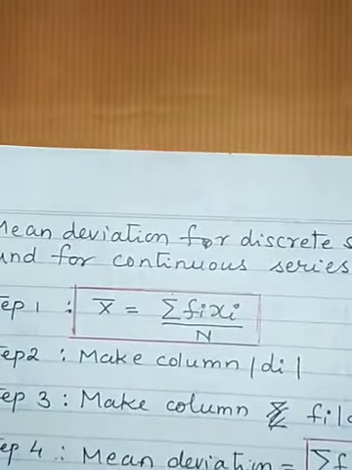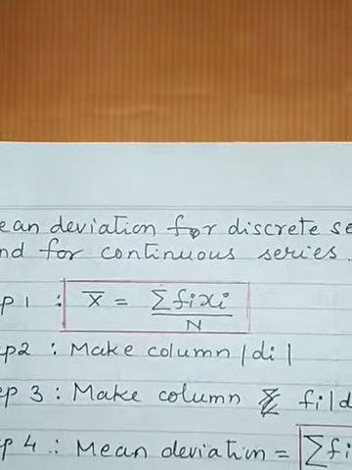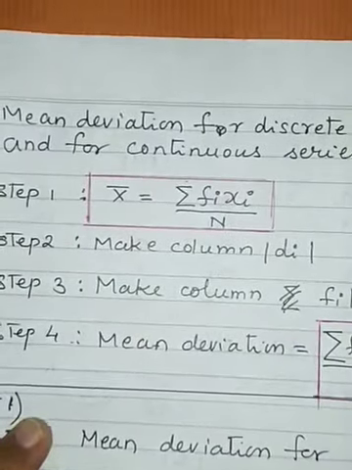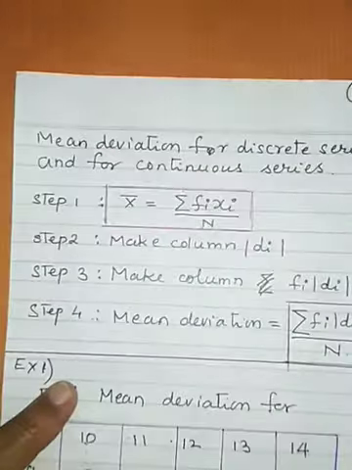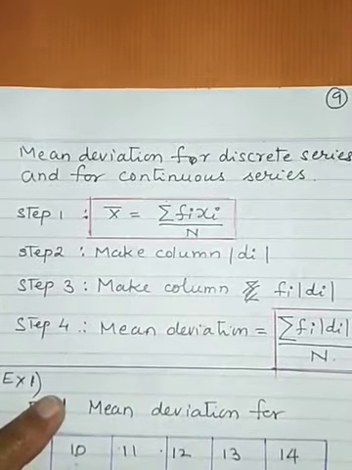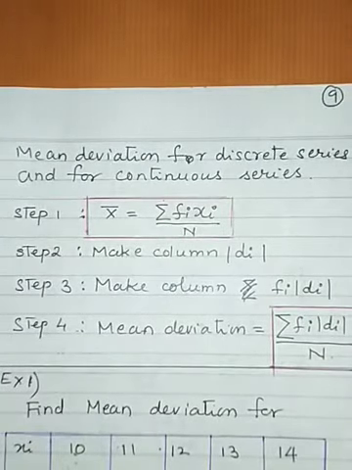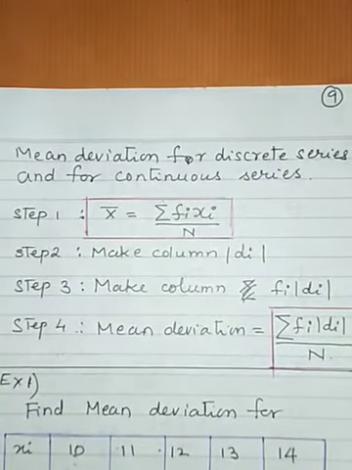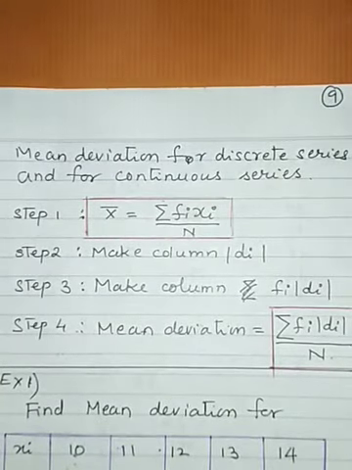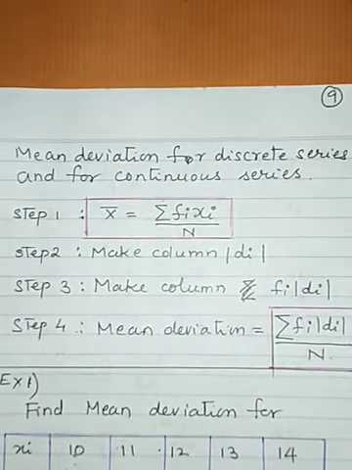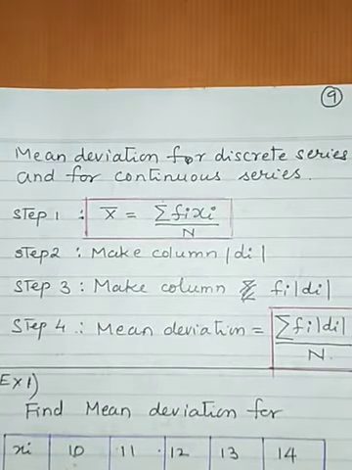Let us go for mean deviation for discrete series. For discrete and continuous, the formula is the same. What is the difference between discrete and continuous? In discrete series, you do not have class intervals, but in continuous series, you have class intervals.